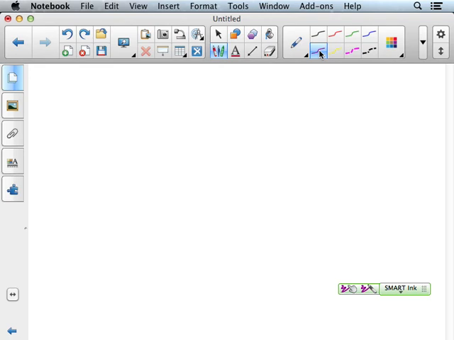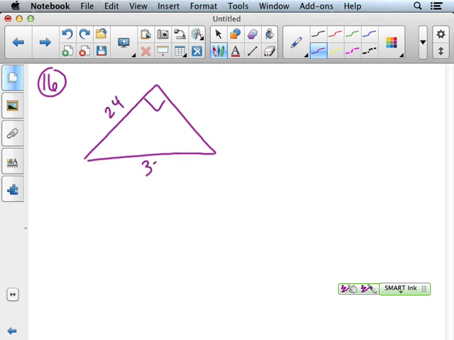Number 16. Solve for AB, the measure of angle C and the measure of angle B. So here's my triangle. I got that this is 24, this is 30, here's A, B, and C. So first, I'm just going to use the Pythagorean theorem to find side AB, because I have two sides, so I can just do a squared plus b squared equals c squared.